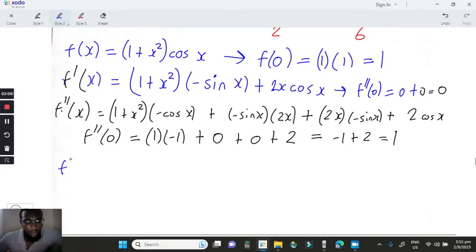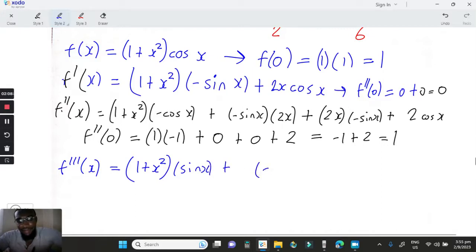So going one more time, f triple prime of x. Use product rule again. Keep the first. Differentiate the second. When I differentiate negative cos x, you'll get sine x. Plus keep the second, which is a negative cos x, times the derivative of the first, which is 2x.